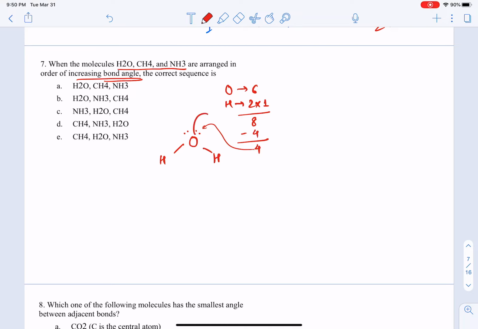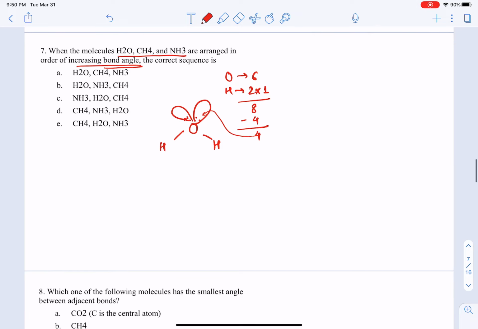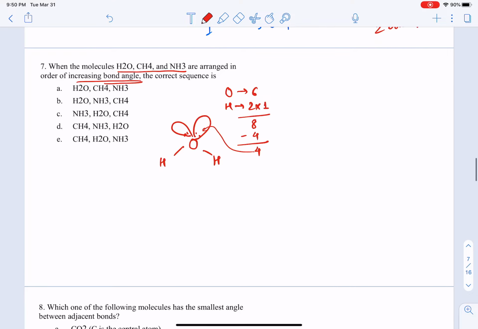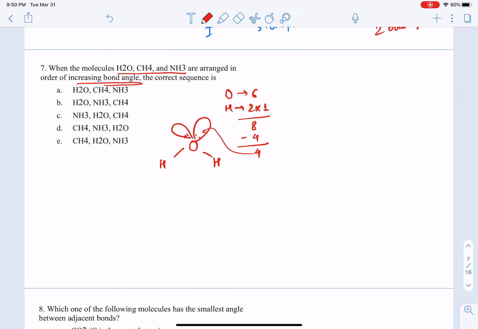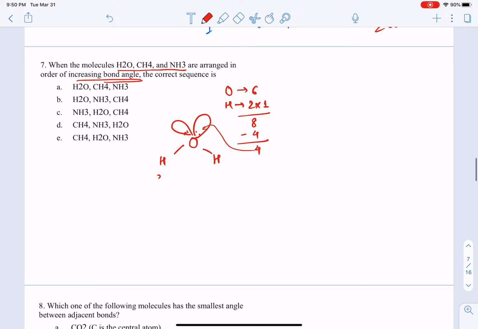For this, just make something called lone pair kind of things. And if you see that this one has 2 bond pairs, 2 lone pairs, total is 4 for sure, so it will be something as tetrahedral.